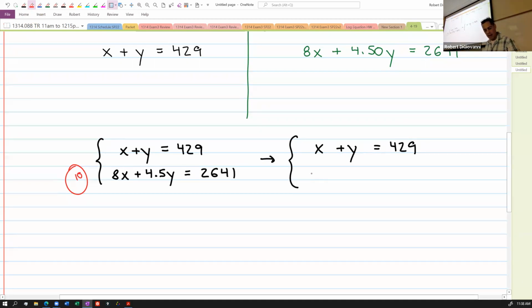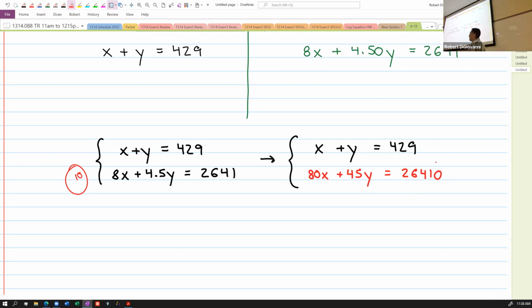And so we get 80X plus 45Y equals 26,410. All we did that for was to get rid of the decimals. You don't have to do that step, but why not?